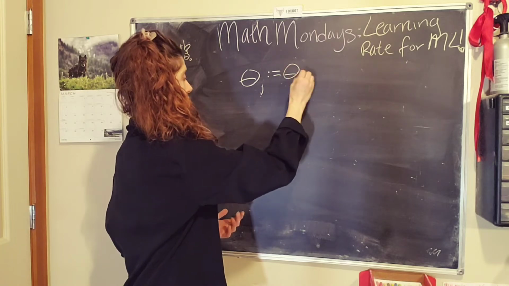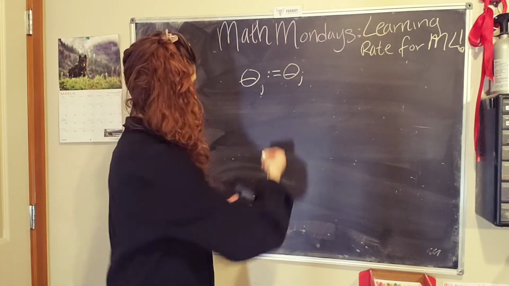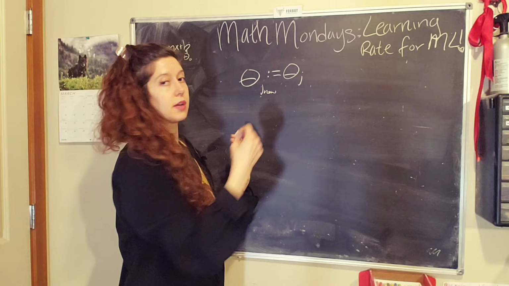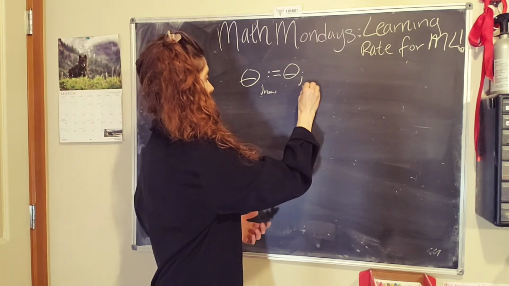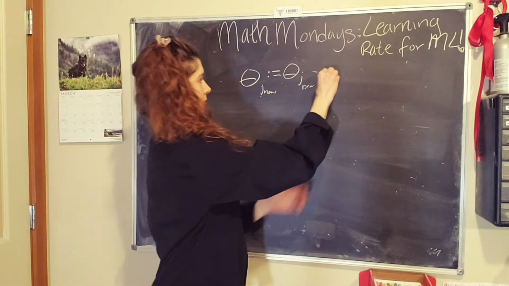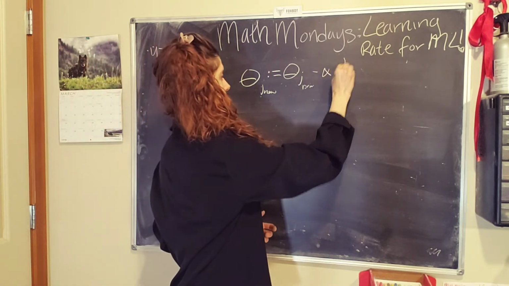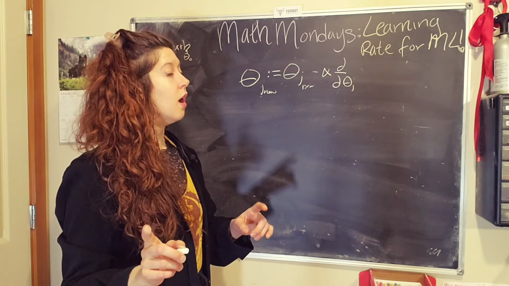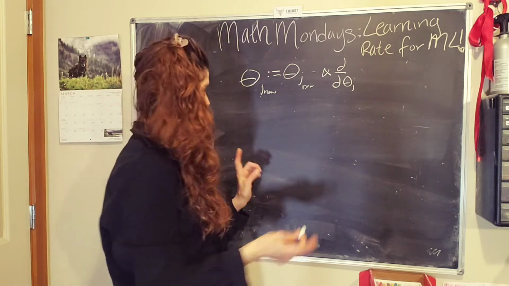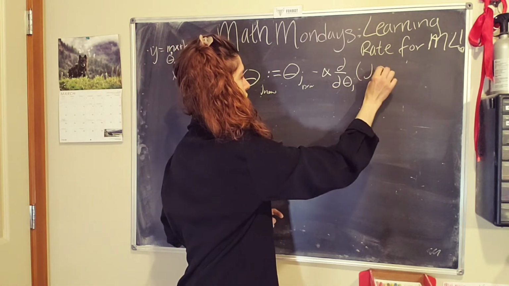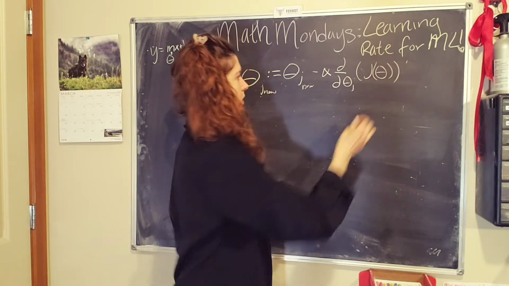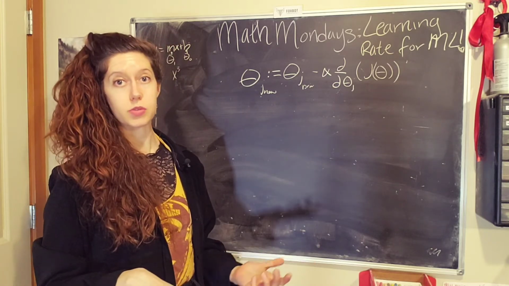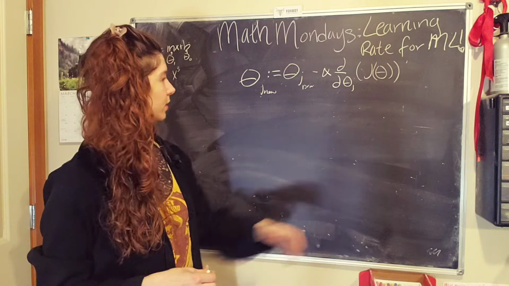And so the algorithm equation can be summed up as the new parameter, theta subscript j, is equal to the previous parameter minus alpha, which is our learning rate, times the partial derivative with respect to our parameter of the cost function, J of theta. And so our cost function is that difference, how far away the actual values are from our predicted values.